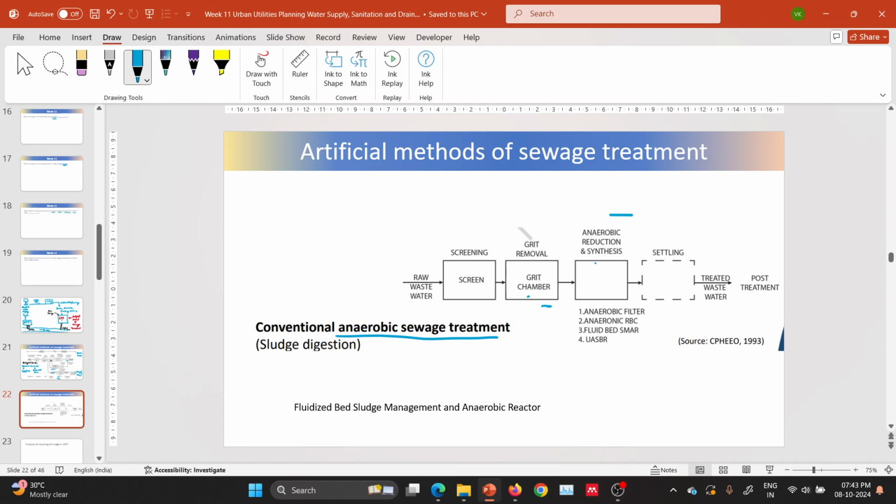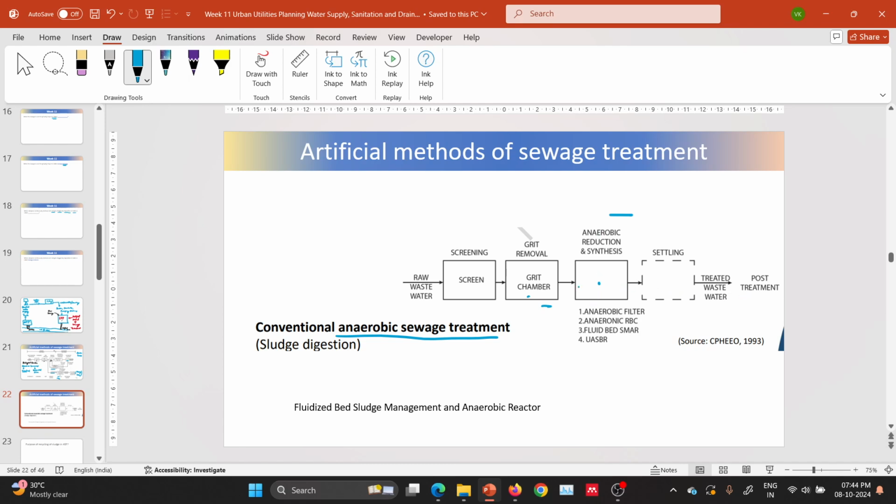In this anaerobic reduction and synthesis process, both suspended and dissolved organic matter is degraded in the anaerobic reactors. And after this anaerobic process, we provide settling. In this settling, the biomass will be settled, and then it is sent for post treatment, which can be tertiary treatment or polishing.